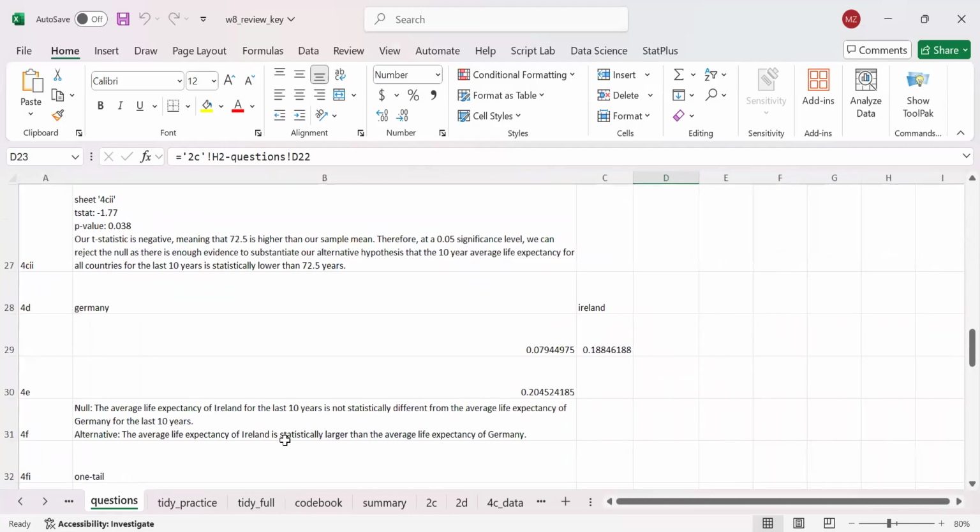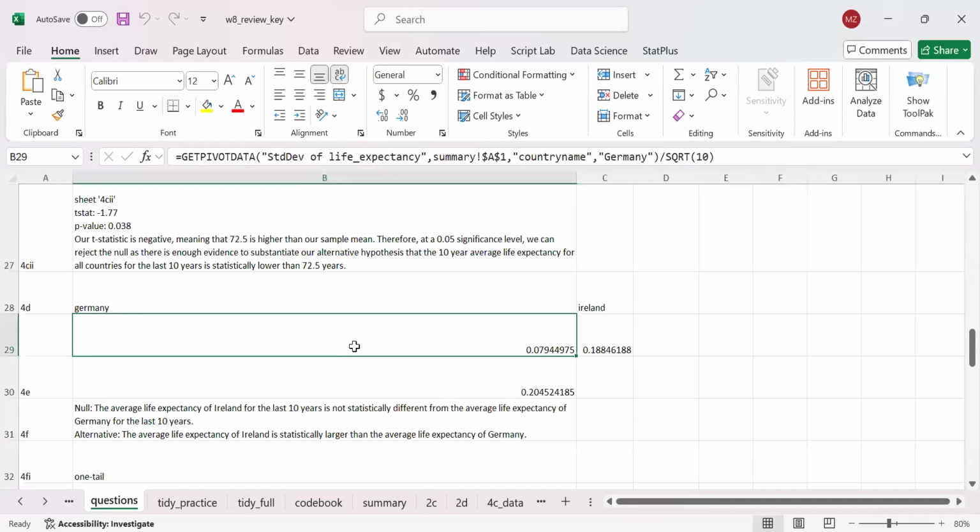We want to calculate the standard error of Germany and Ireland. The standard error formula is, obviously, standard deviation over square root of n.